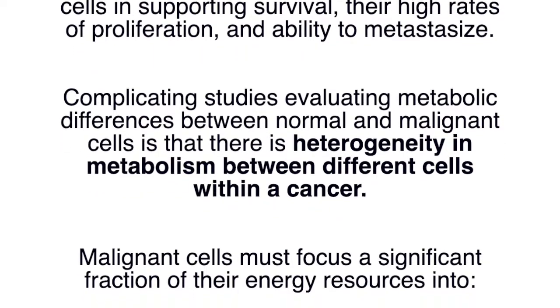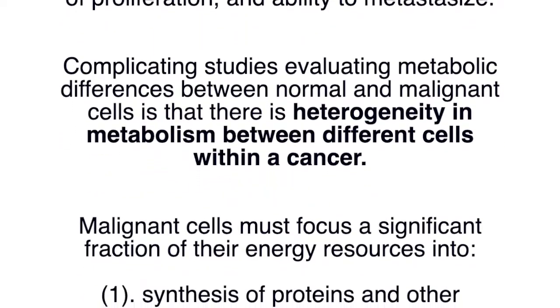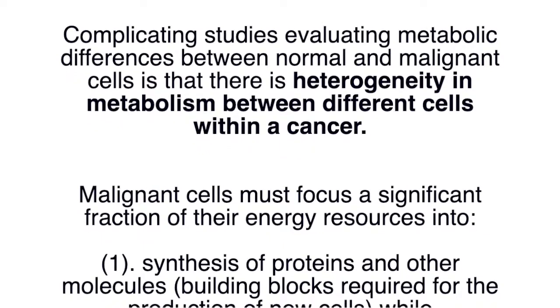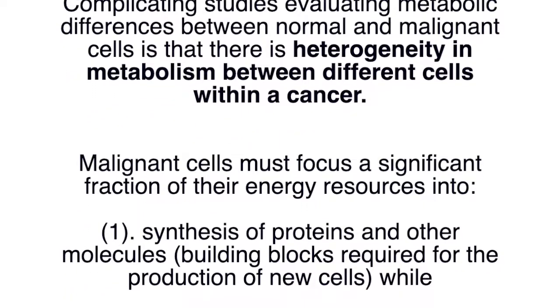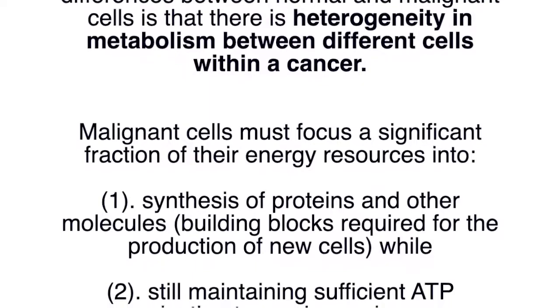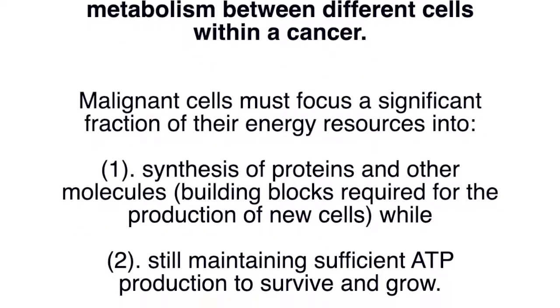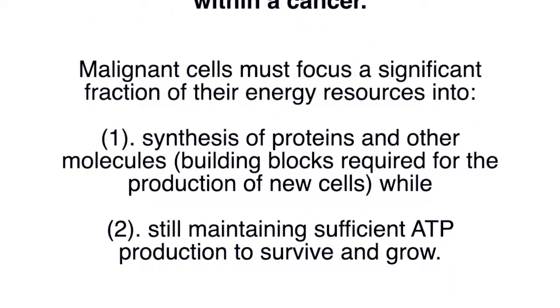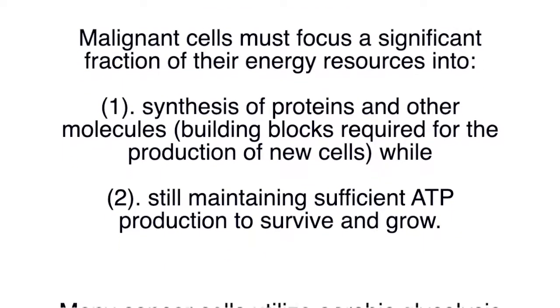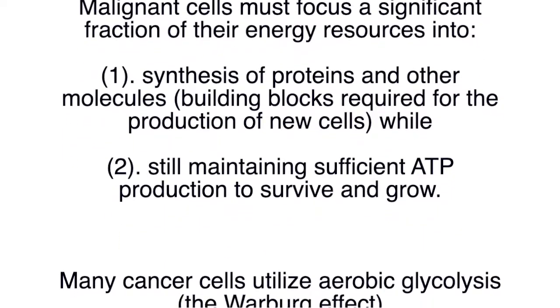Malignant cells must focus a significant fraction of their energy resources into, one, synthesis of proteins and other molecules, that is, building blocks required for the production of new cells, while, two, still maintaining sufficient ATP production to survive and grow.